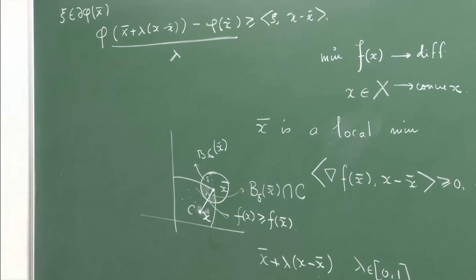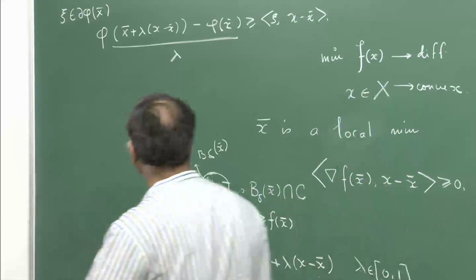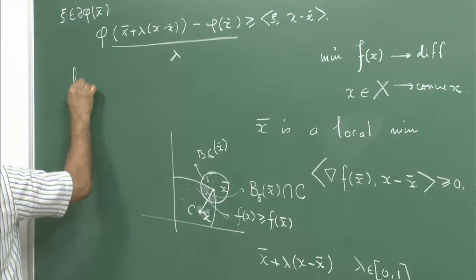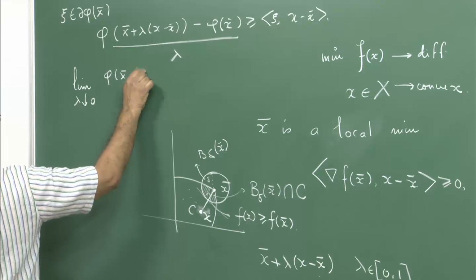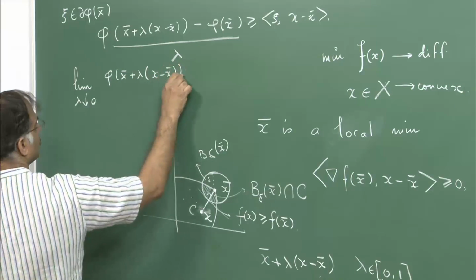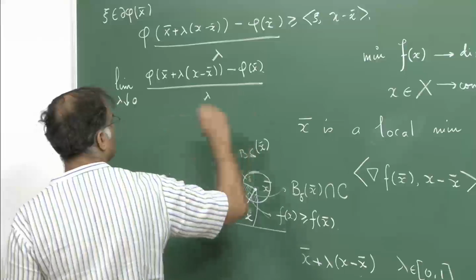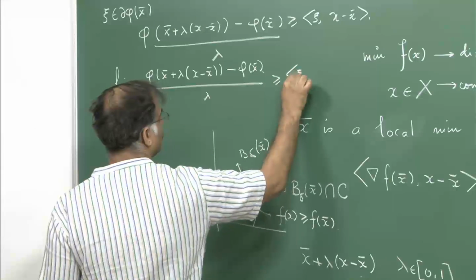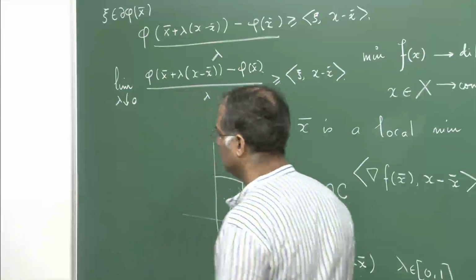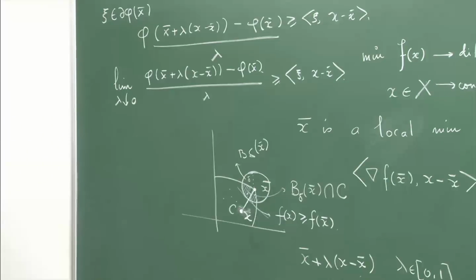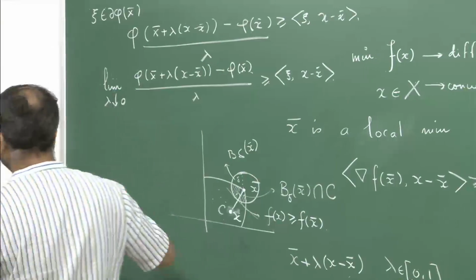Now, once you have this, what can you do? Shall we push the lambda to the limit? If I take the limit, now the question is, does such a limit actually exist?